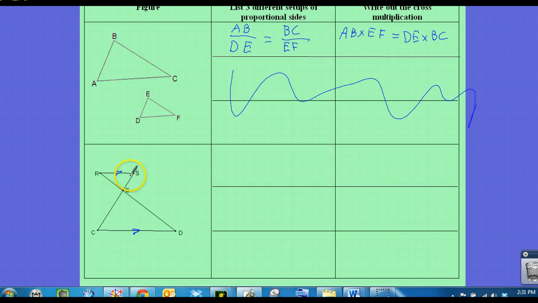And if I have that, then I know this angle, which is an alternate interior angle to this one, are corresponding, and R is corresponding to D. And this angle right here is corresponding to this angle. We could call them angle 1 and angle 2 like before.